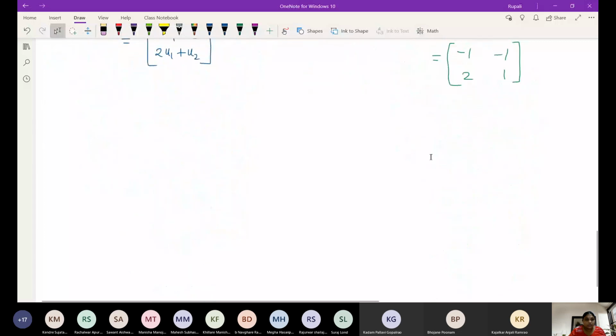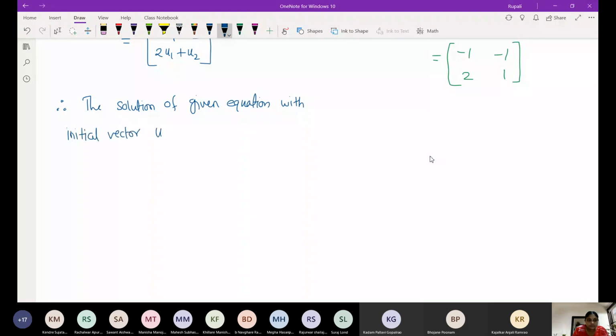So therefore the solution of the given equation with initial vector u0 is given by ut is equal to b1 lambda 1 raised to t.